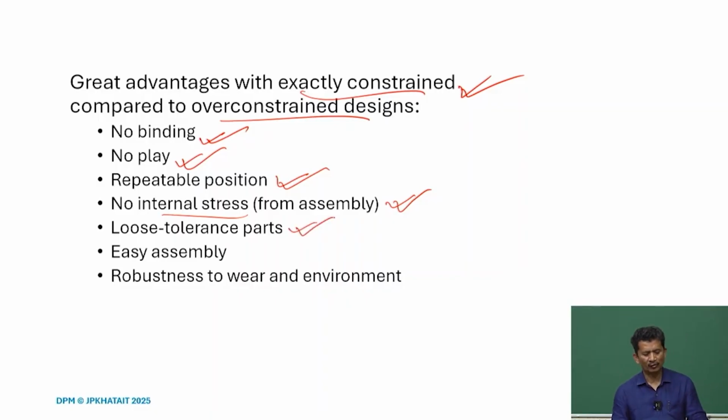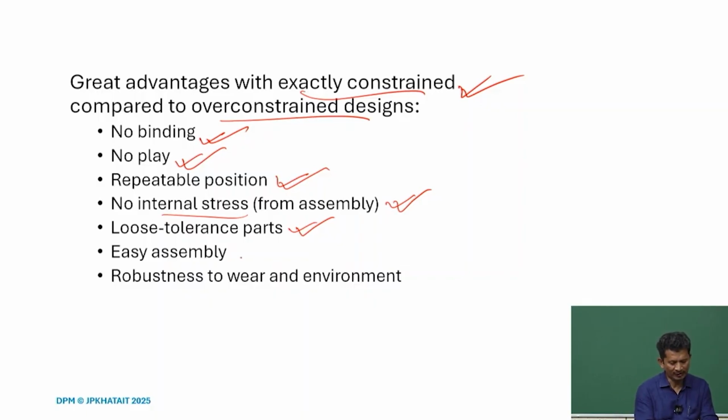There will be no loose tolerance parts because we do not have to accommodate. So, there is no uncertainty, we know exactly what is going on, and if there is any error, the parts will float.